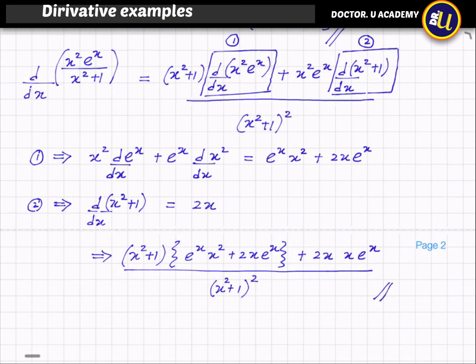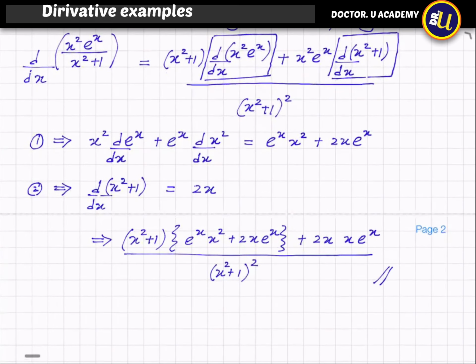So that's the answer. So all the derivatives are done. Now you can simplify this further, but I'm not going to do it. It's just algebraic simplification.